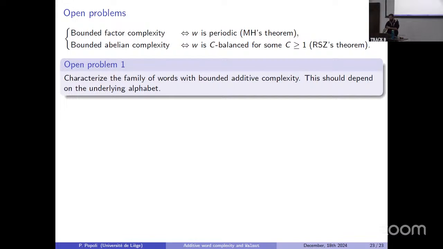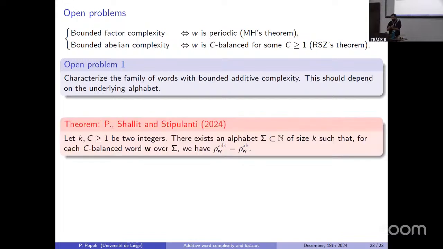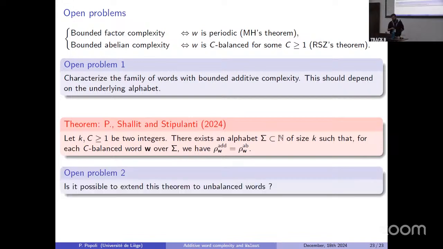So maybe this is difficult because it should depend on the underlying alphabet. And then we have also proved that for balanced words, we can change the value of the letters to have the additive complexity equal to the abelian complexity. And so we ask if it's possible to extend the theorem to any word, not just a balanced word. And thank you for your attention.